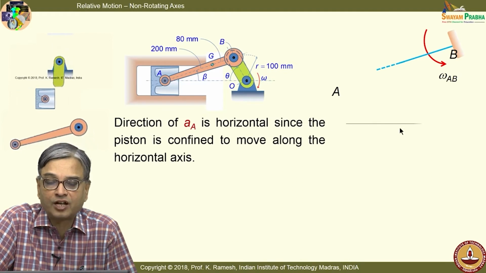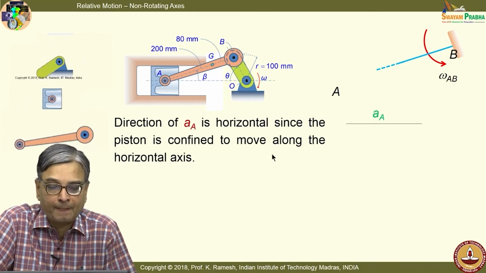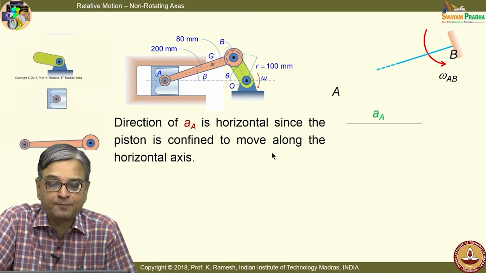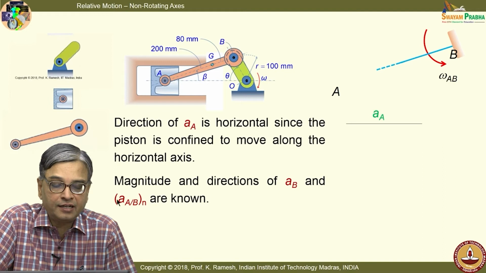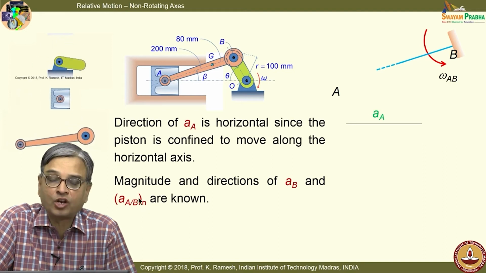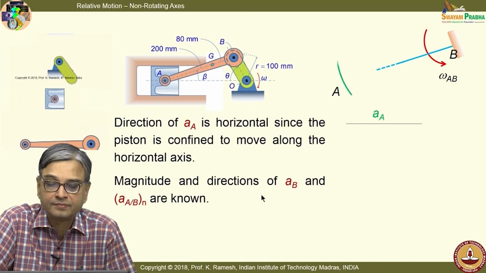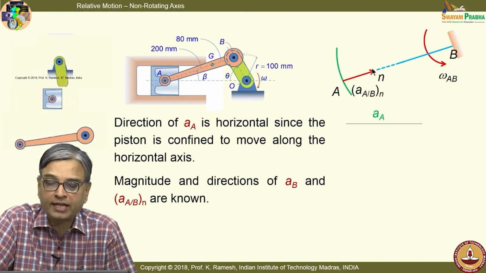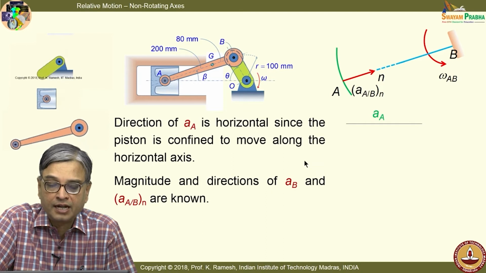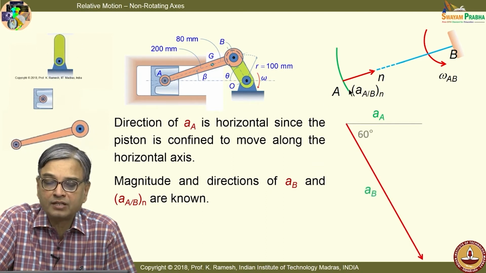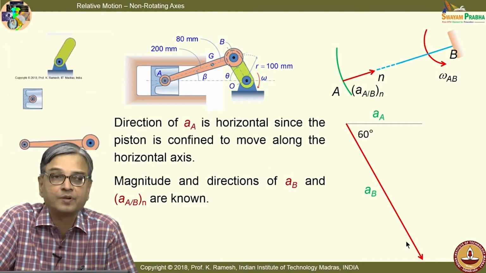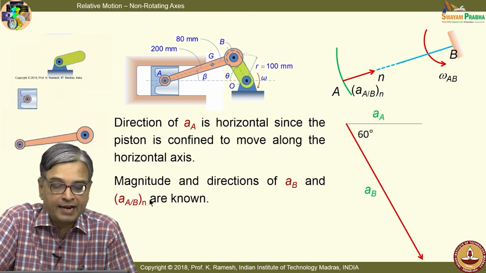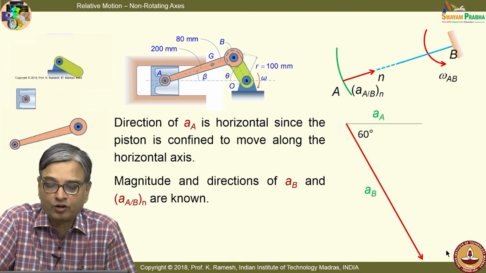So, I can put this as a horizontal line, and we know the absolute acceleration of point B. So, AB is known and the relative acceleration of the normal component is also known. Normal component is known like this, and your tangential component will be in this direction. I have drawn this AB because AB I know completely from the problem statement, and this direction is known. So, I can also put that.